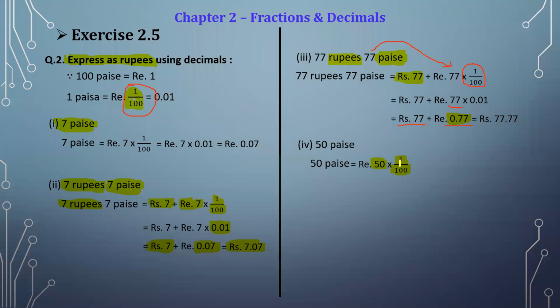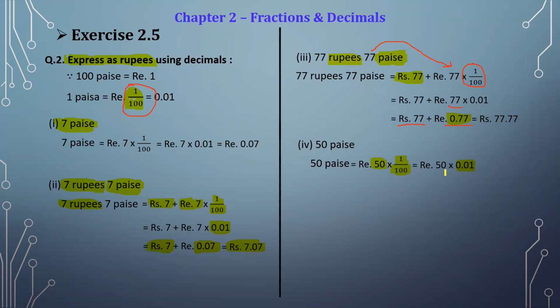You can also put 1 upon 100 as 0.01. Either value can be used. I think 0.01 is easier compared to 1 upon 100, because you can directly perform the multiplication with it since it is a decimal.